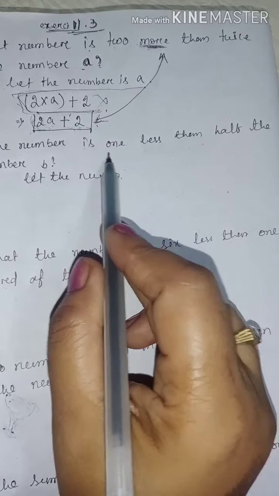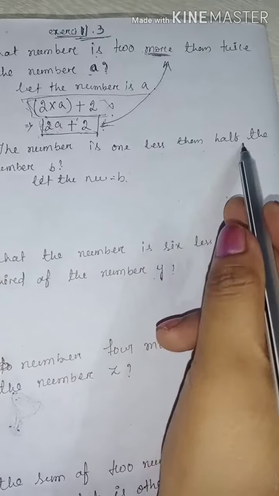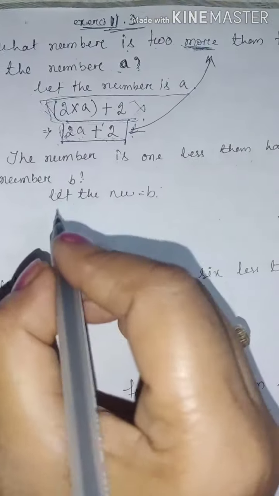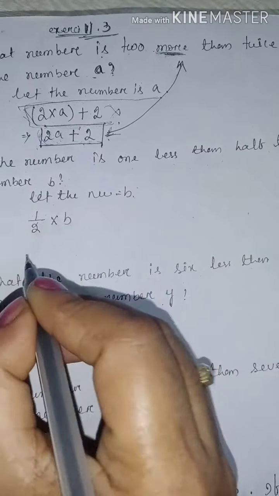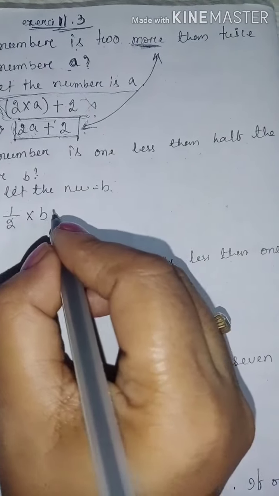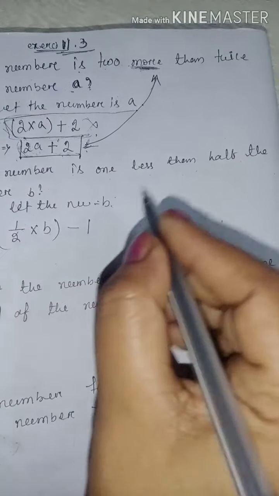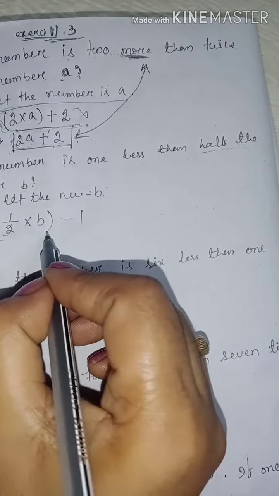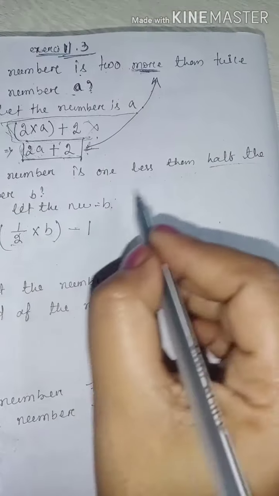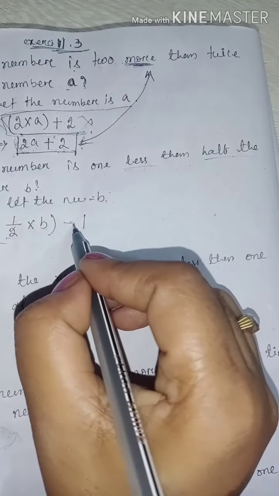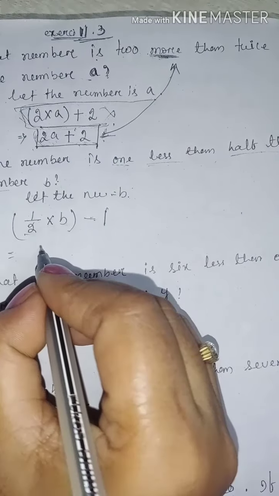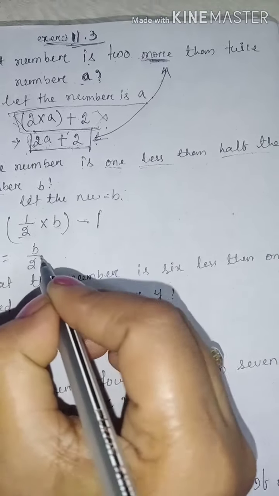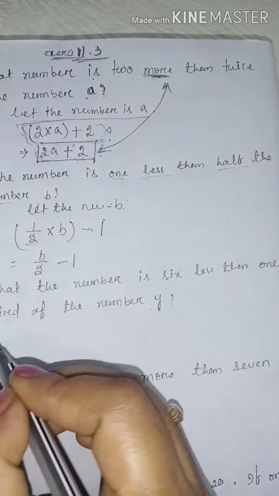Then half the number B means half of B. Half the number B minus 1. So here minus 1 is given. That means the answer I am getting here is B by 2 minus 1.